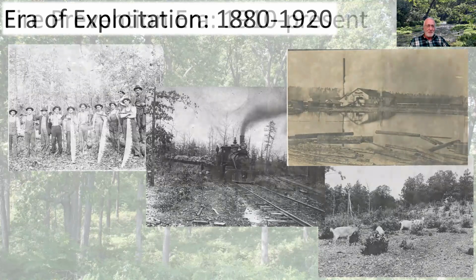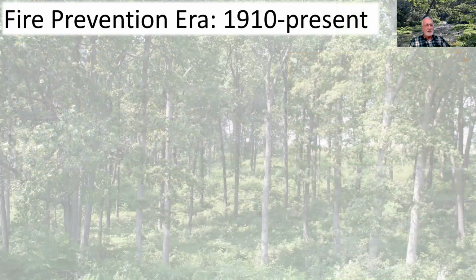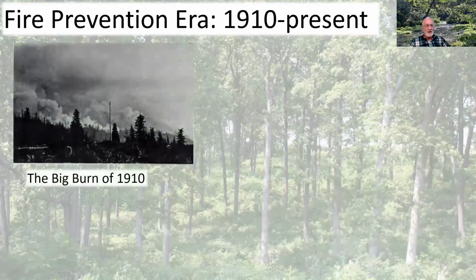Then we had our fire prevention era from about 1910. As the cut was playing out, up till really present day, 1910 was the big burn in the Pacific Northwest. There were also some significant fires in the Lake States, but it brought to public attention the smoke from those fires, much like the dust from the Dust Bowl era when it drifted east.